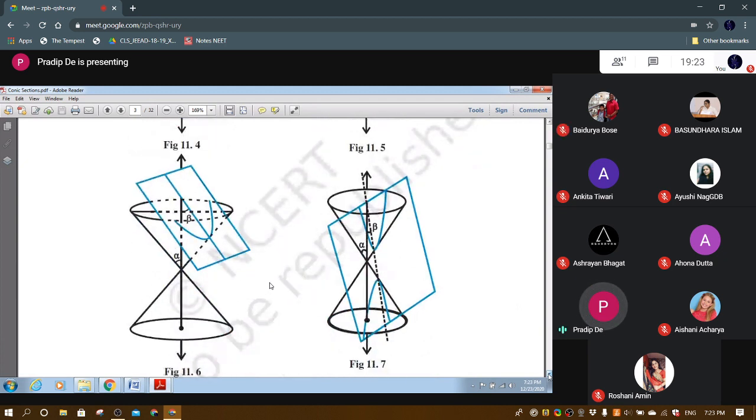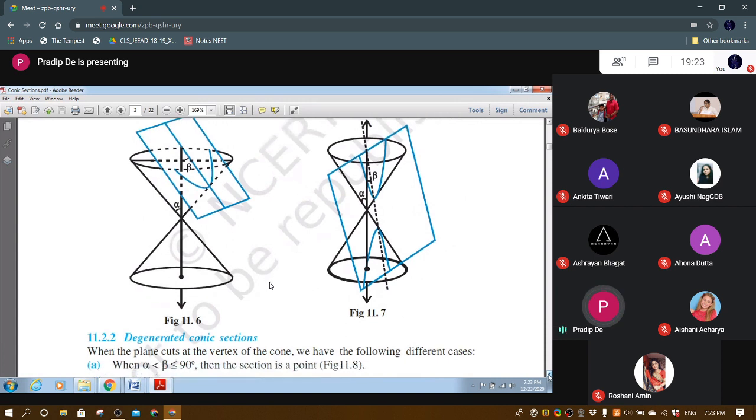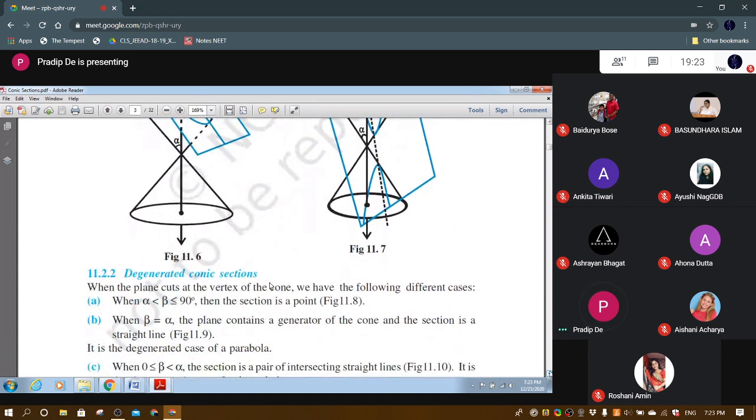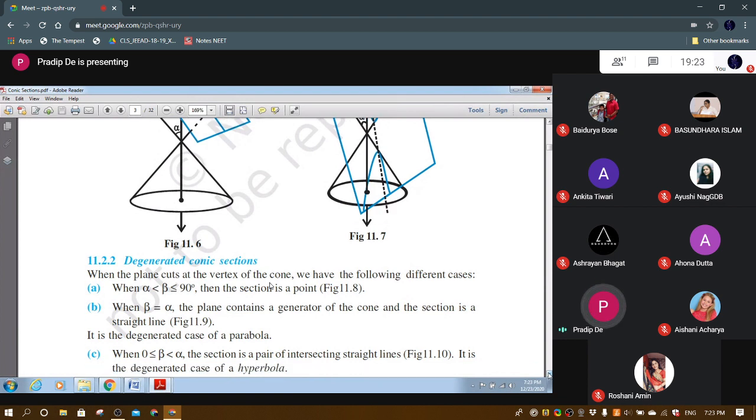So whenever the plane is passing through the vertex, we get a degenerated circle, degenerated parabola, degenerated hyperbola. So the degenerated conic means the plane is passing through the vertex. When beta is more than alpha but less than 90, we get a point. When beta is equal to alpha, we get a straight line.